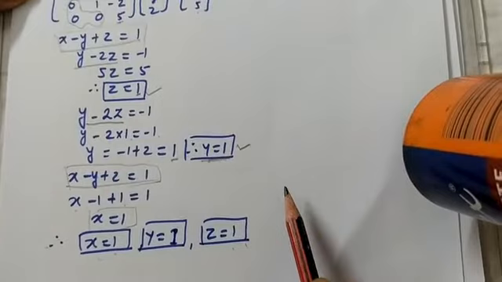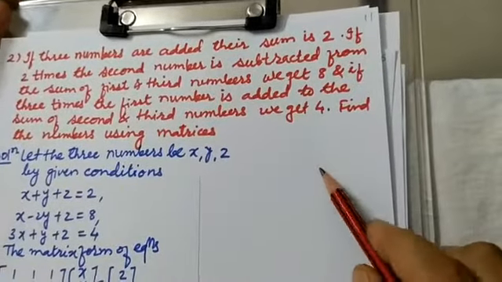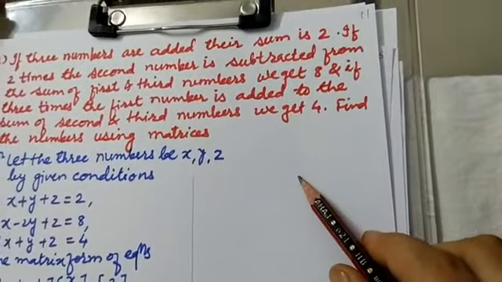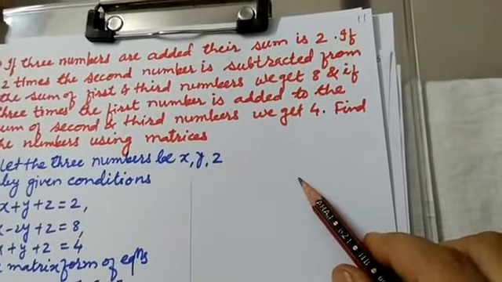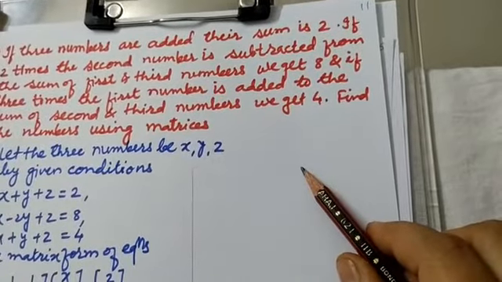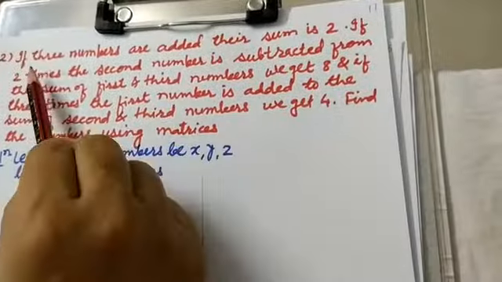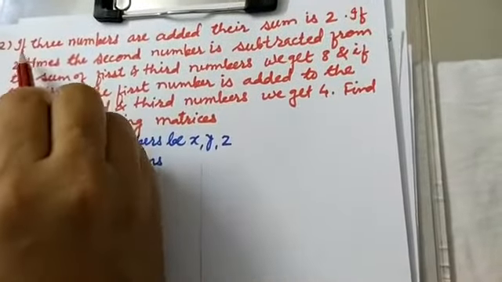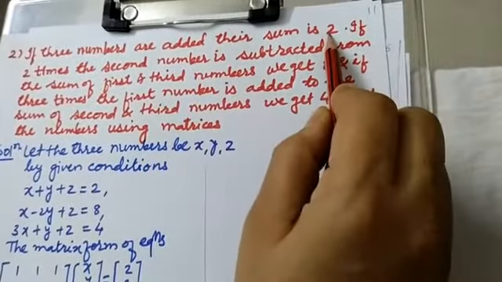This problem is an important one. We started finding out the applications of matrices, and the reduction method is going on. One more important problem we will see now. See the problem: if 3 numbers are added, their sum is 2.